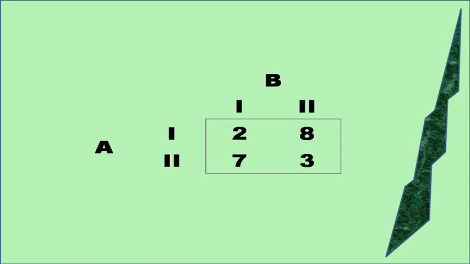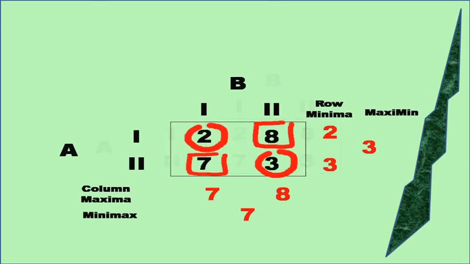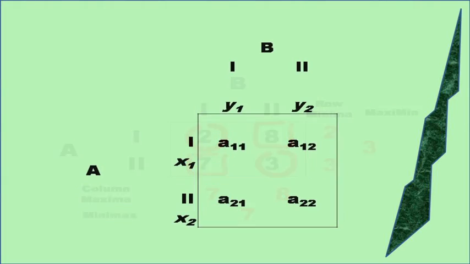So now we can use the rules of optimal mixed strategy. Again we try to find the saddle point. Here we can see that there is no saddle point because maximin and minimax are different. So this is the formula. This is the 2 by 2 matrix where no saddle point is there, and A's strategies will be x1 and x2, and B's strategies will be y1 and y2.